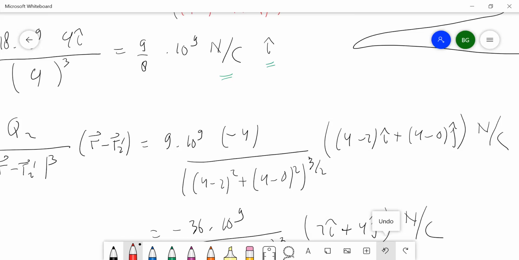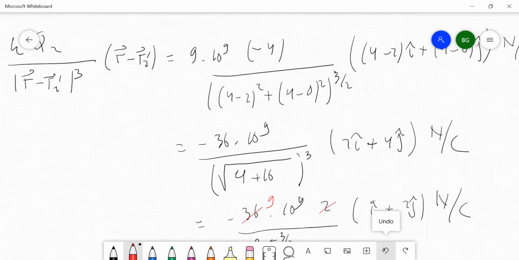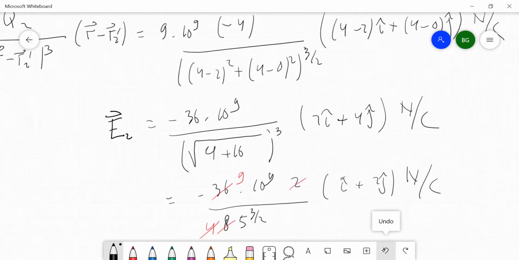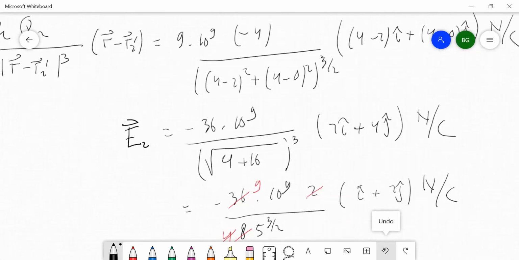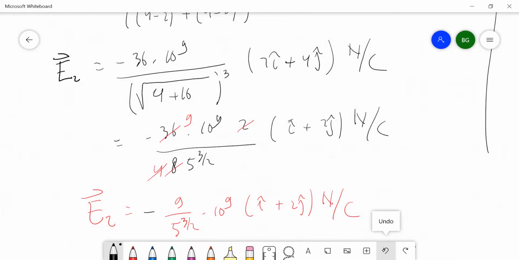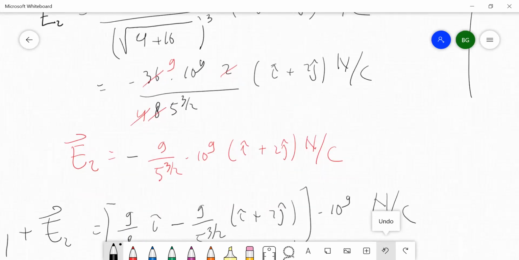And this is the magnitude of the difference vector, R minus R2 prime. So at the end we get this E2. We have a minus sign, because Q2 is negative. And this is the vector E2, like this.